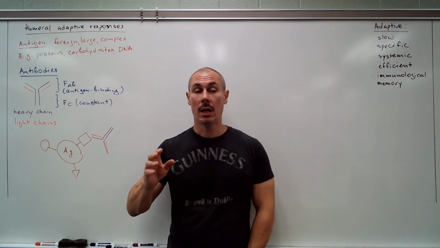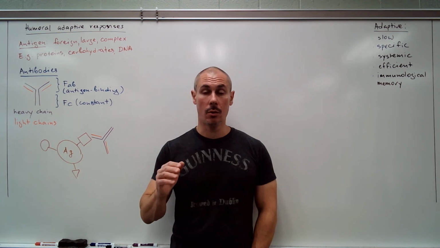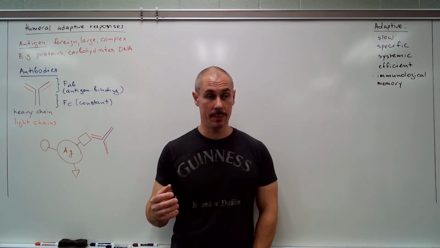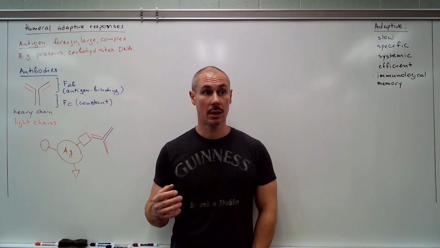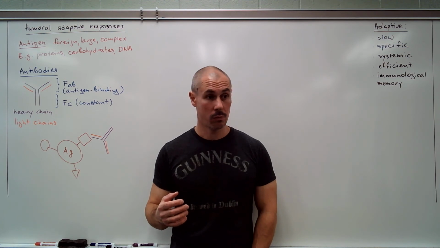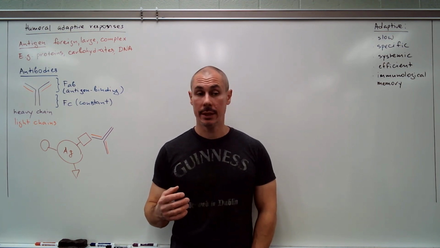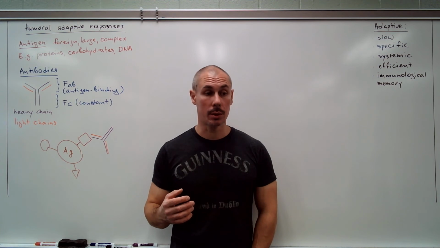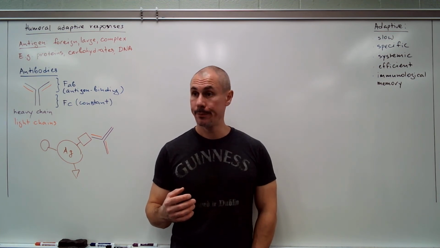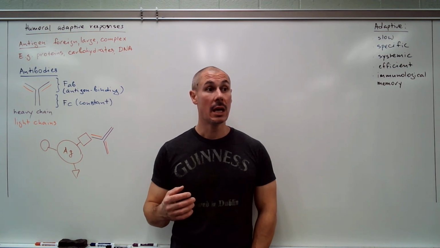Now, I want just to say a few words. So, how many different types of antibodies can the human body produce? The basic answer is an unlimited number. Okay? Are you following me? Does that make sense?